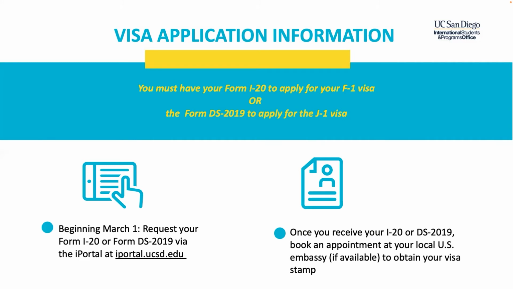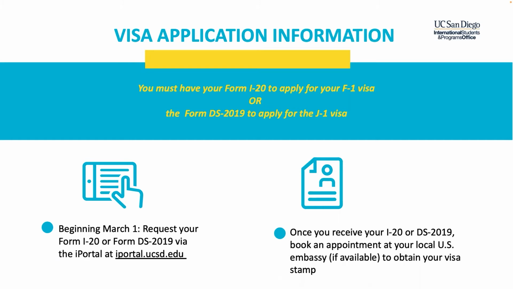Your first document will be your I-20 if you're applying for the F1 visa, or a Form DS 2019 if you're applying for a J1 visa. Just a quick note, the vast majority of undergraduate students apply for the I-20. So if you have questions about what the J1 or a DS 2019 is, unless you are a student who is sponsored by your home government or by an international organization, you will typically apply for an I-20.